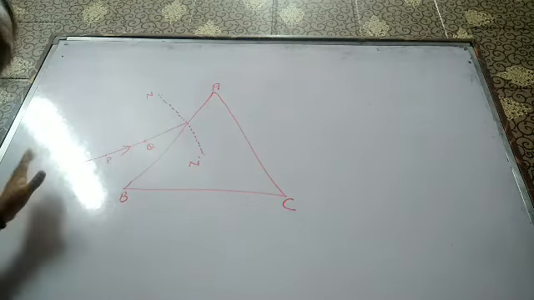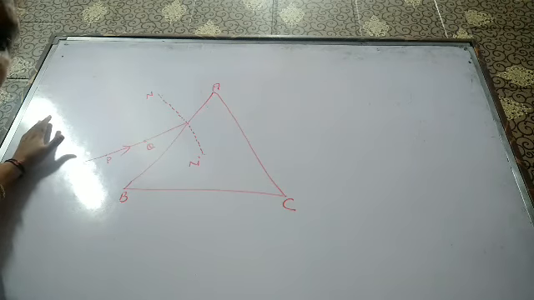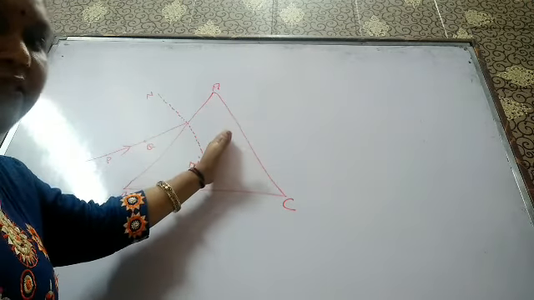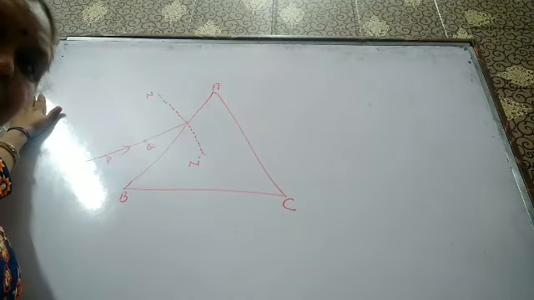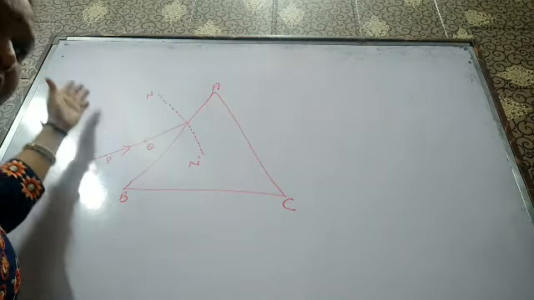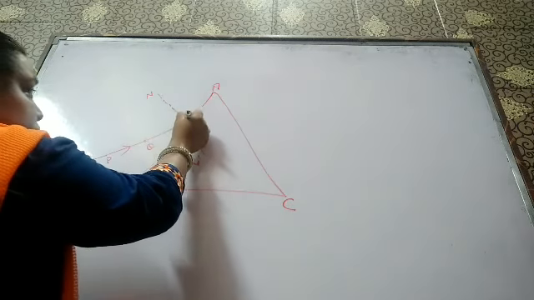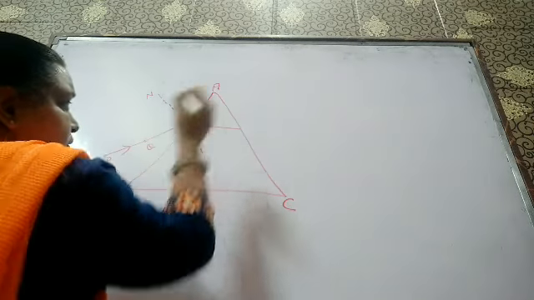Then what will happen? We know that whenever light passes from rarer medium to denser medium, and this glass prism is a denser medium and air is a rarer medium, it bends towards the normal. So it will move like this.